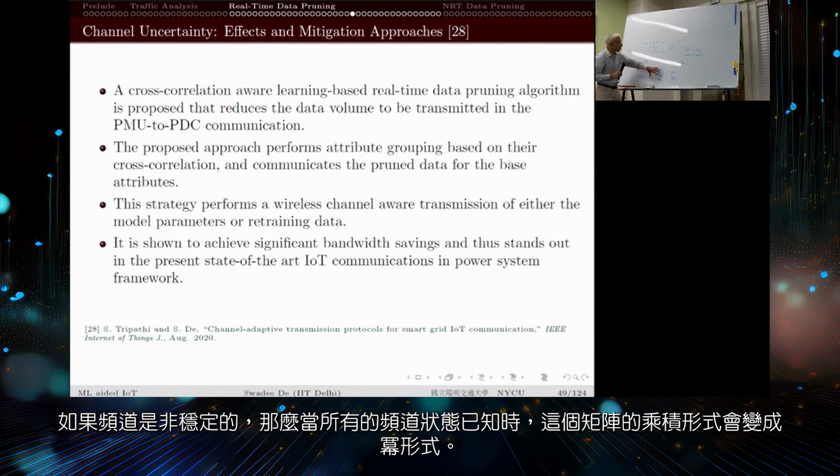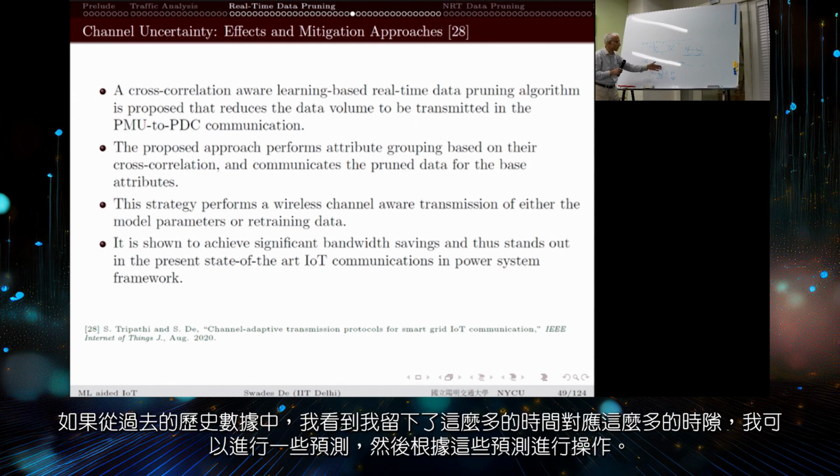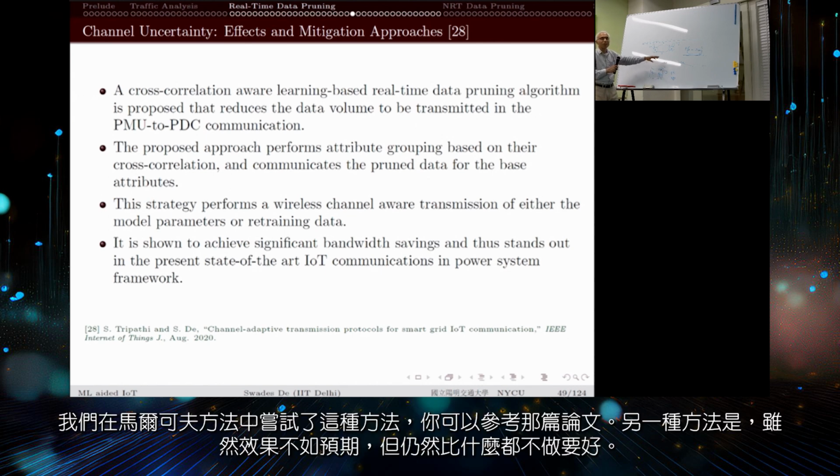The product form becomes a power form when this is stationary. So from the previous history, if I see that I have left this much time, correspondingly this many slots, I can do some prediction, and using that prediction I can do something. So we have tried this Markovian approach. You can look at the paper.